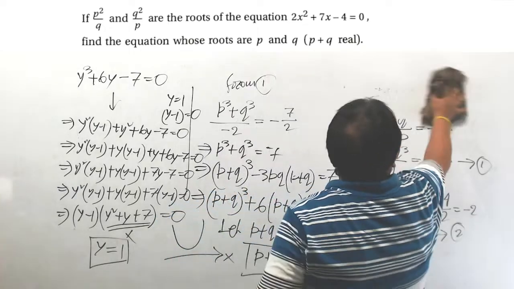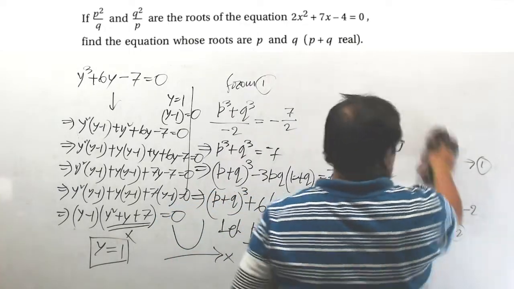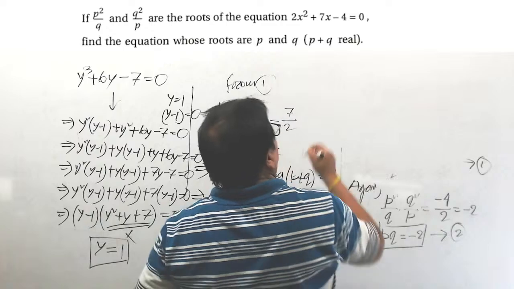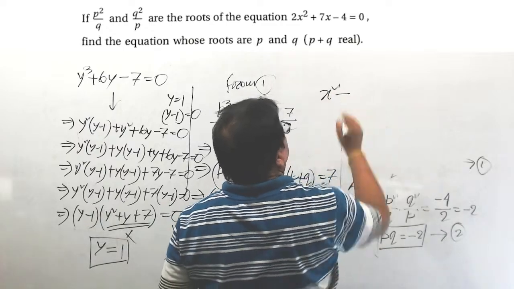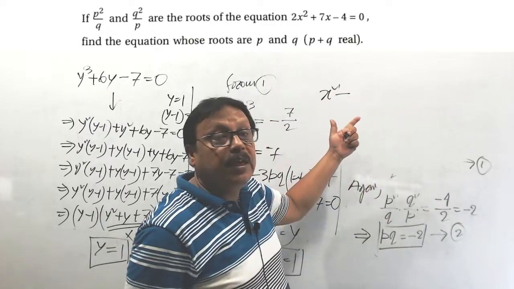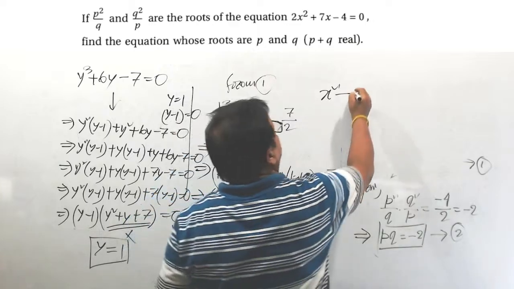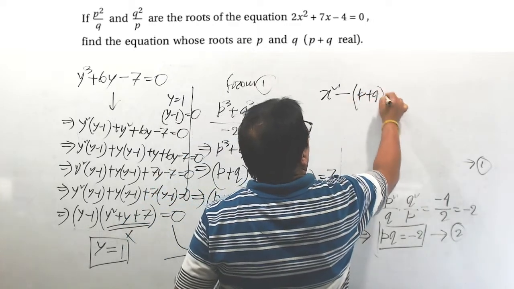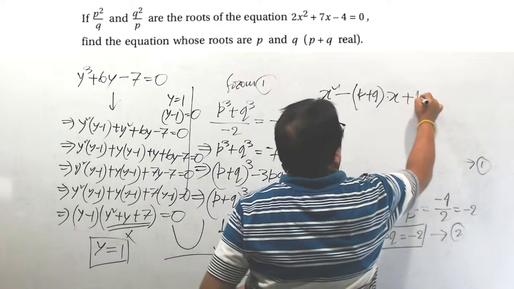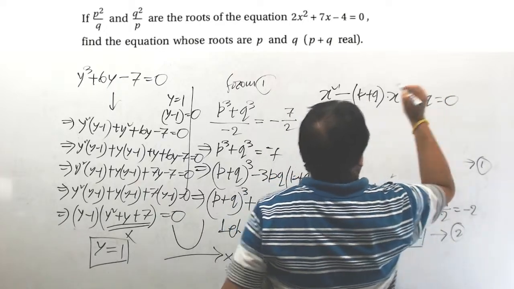The equation will be x square minus sum of the roots. The sum of the roots is p plus q. So x square minus (p plus q) into x plus product of the roots equal to 0.